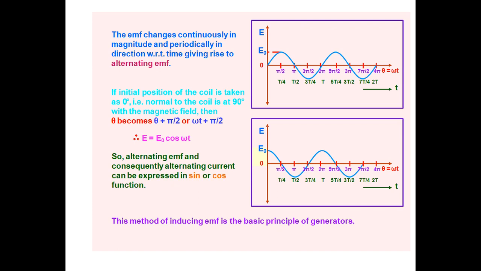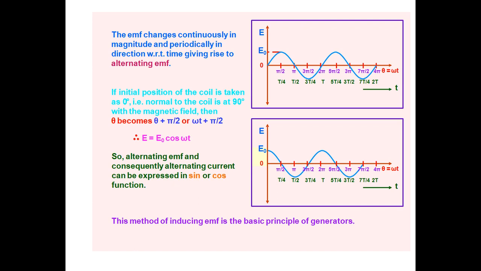If E naught is the peak value of the EMF, then draw the E naught versus t graph. You get 0 to the positive maximum E naught, down to 0, again negative maximum, then 0. If the initial position of the coil is taken as 0 to 90 degrees, and then 90 to 180 degrees, that is pi, and if theta becomes omega t plus pi by 2, then E is equal to E naught cos omega t.